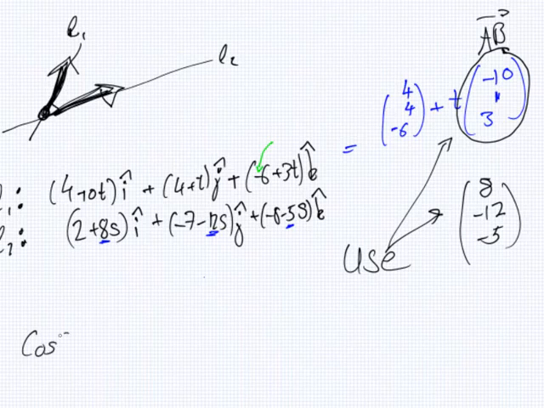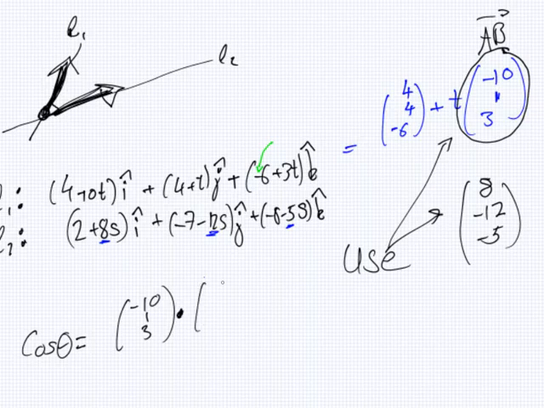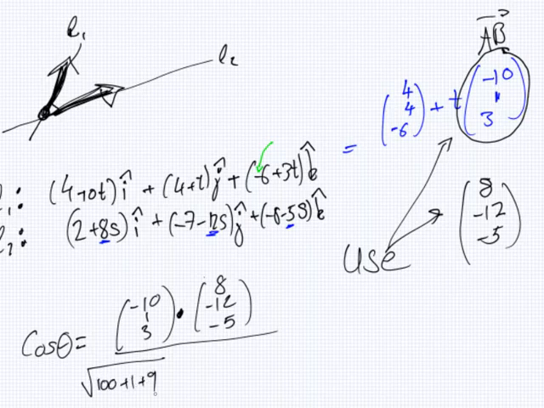Remember, cos theta equals? It would be minus 10, 1, 3 dot 8, minus 12, minus 5, over the square root of 100 plus 1 plus 9, times the square root of 64 plus 144 plus 25. What's that when you're ready?